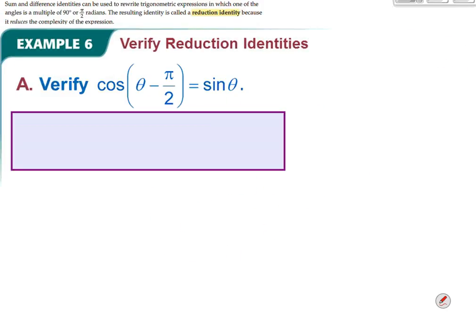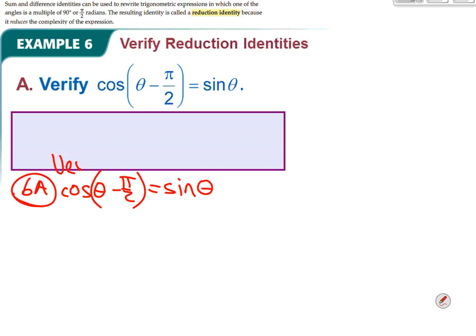So same thing here. This is the identity that tells these are cofunctions. And we do the exact same thing. Start with the left, use the big formula, and end up with the right. So for 6a, we're going to have the cosine of theta minus pi over 2 in parentheses equals the sine theta, and we have to verify that.